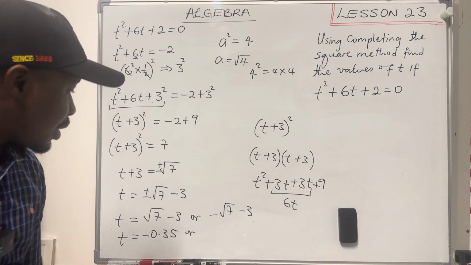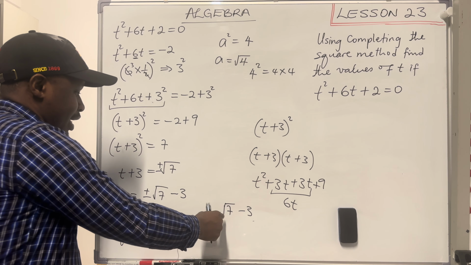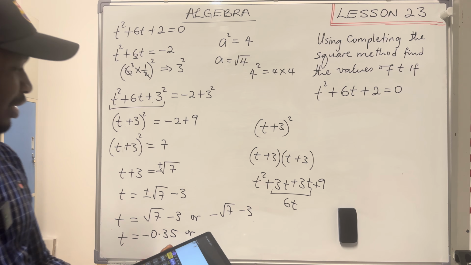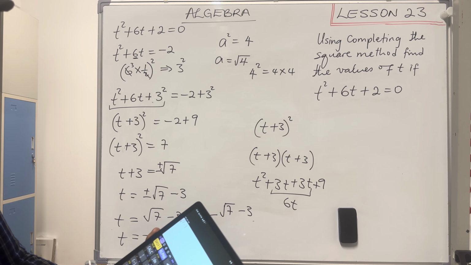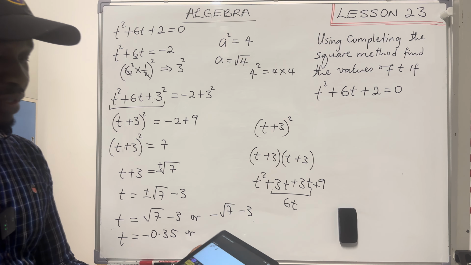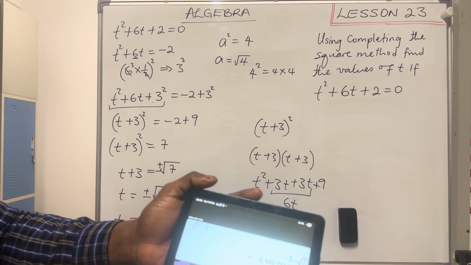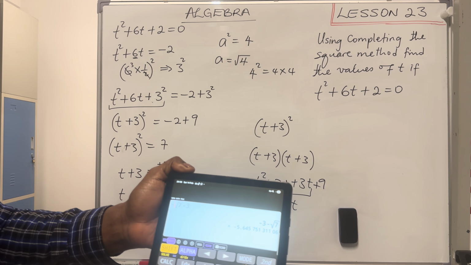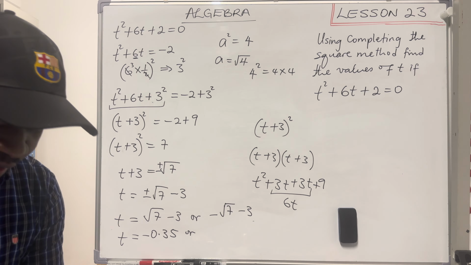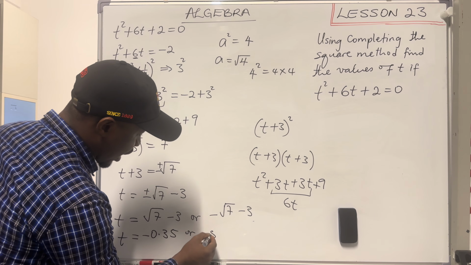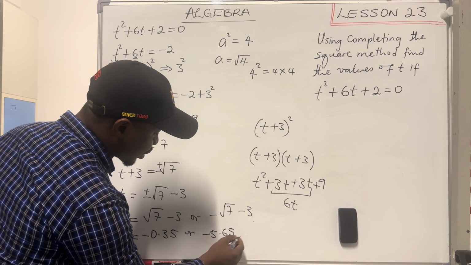Or, for the other one, here we need a minus sign. So just inserting the minus, we have minus root 7 minus 3. So what do we have? Minus 5.65, approximately.